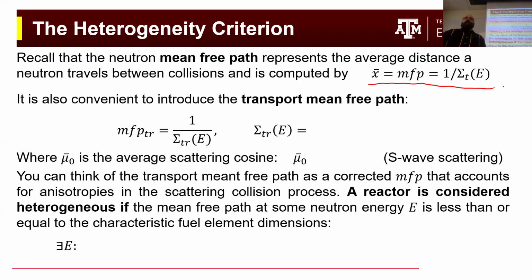Sometimes we will introduce the transport mean free path, which is a very similar definition to the regular neutron mean free path. It's just that instead of 1/sigma total, we do 1/sigma transport.